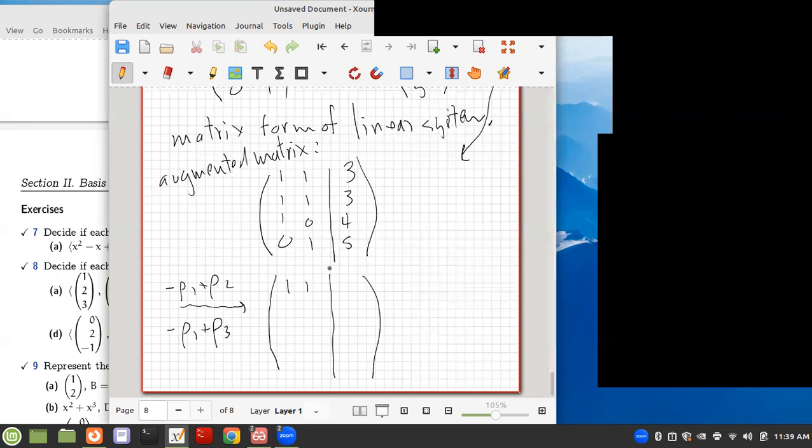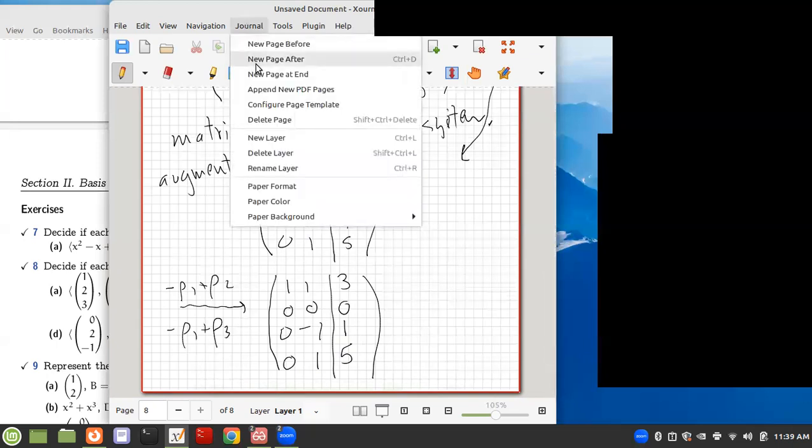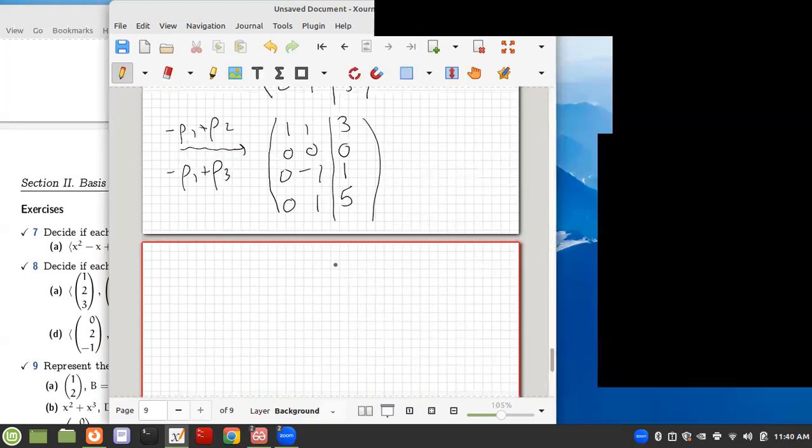So I don't change the first row. The second row is minus row 1 plus row 2. That's clearly going to make a 0 row, right? Because these two are identical. The second one is going to get a 0, but I'll have a minus 1 there, and 3 minus 4 is minus 1 there. And I haven't changed this. Okay, so now I have to do two things.